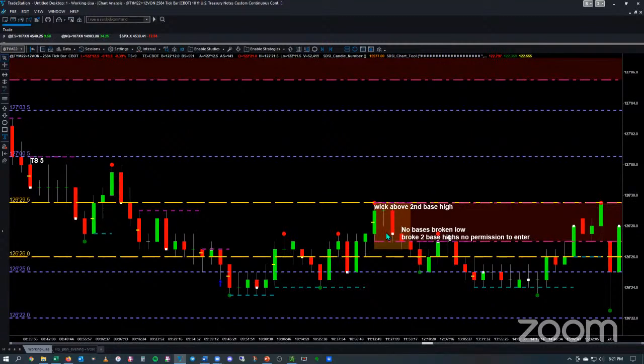Because at this point, we did not get the continued break of the base, the swing lows. So we said, okay, we're not taking this trade. So at this point, we did not have permission to enter the trade. Does that make sense?